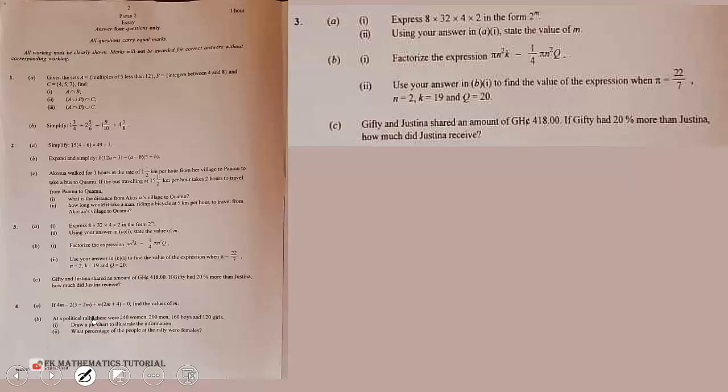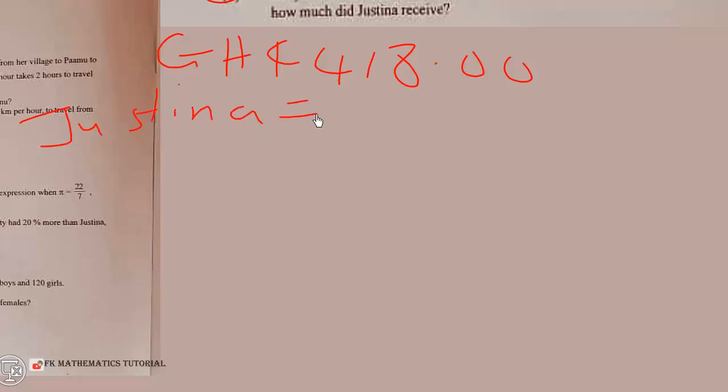A c part. Gifty and Justina shared an amount of 418 cedis. If Gifty had 20% more than Justina, how much did Justina receive? So the amount they are supposed to share is GHC 418. Now let's say that Justina had X cedis.